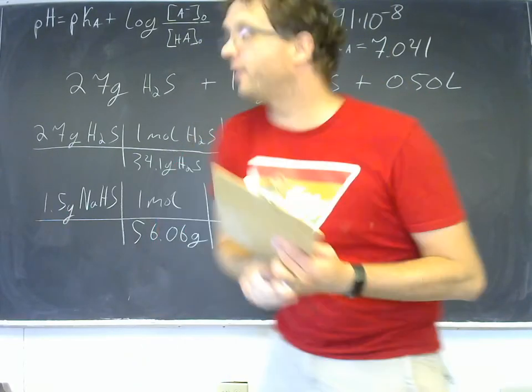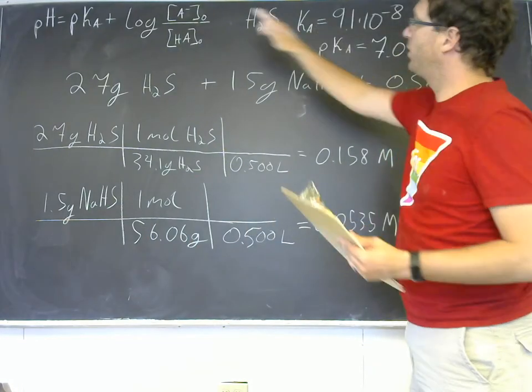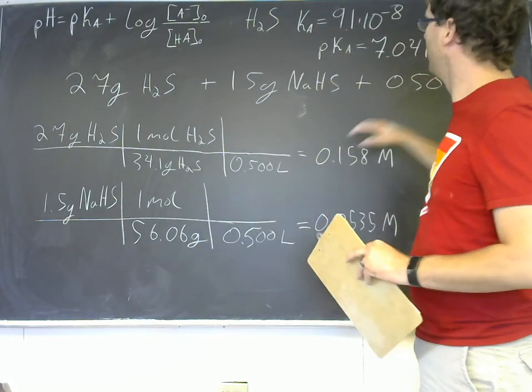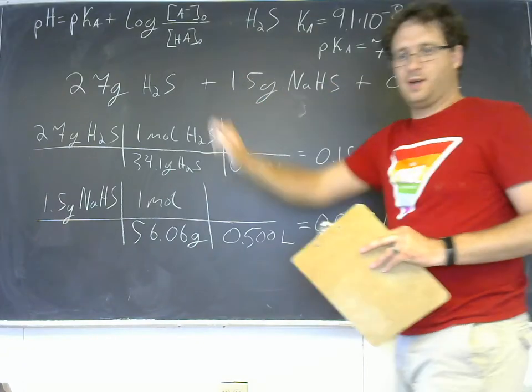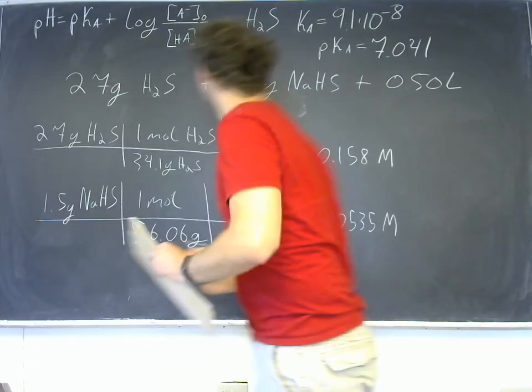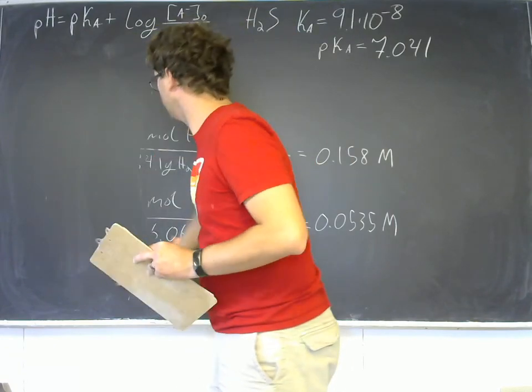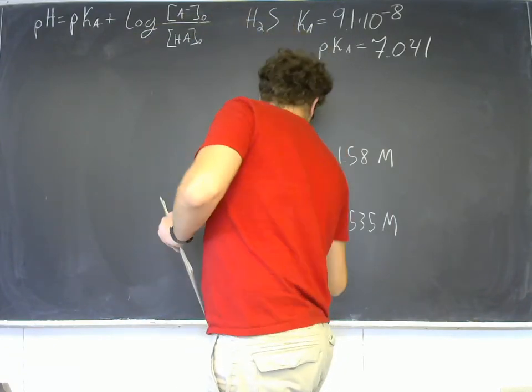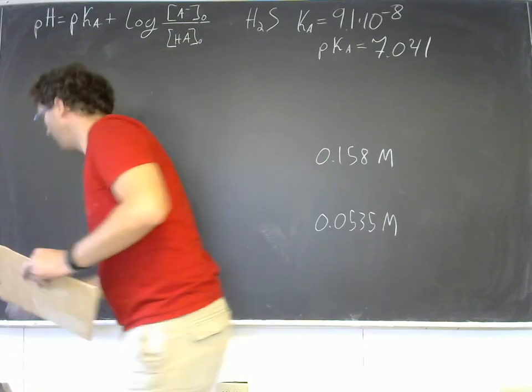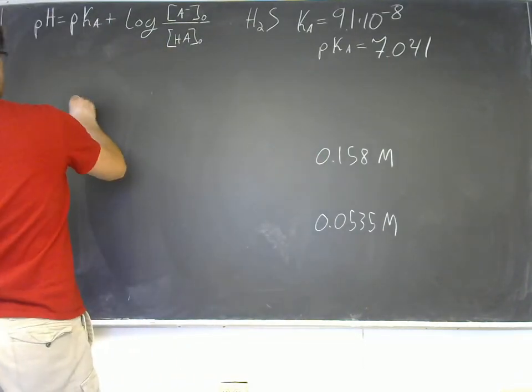Okay, now we have all the parts to put into the Henderson-Hasselbalch equation. I'll go ahead and erase this spot here, just to reclaim some board space. The pH is what we're looking for.